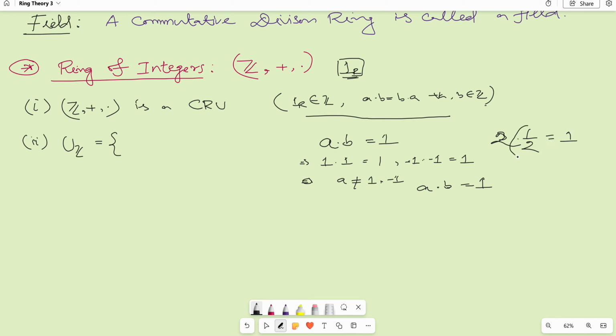But 1 by 2 is not a member of Z, so you cannot take this. So your only choices for A are 1 and minus 1, right? So there are only 2 units of Z, 1 and minus 1.